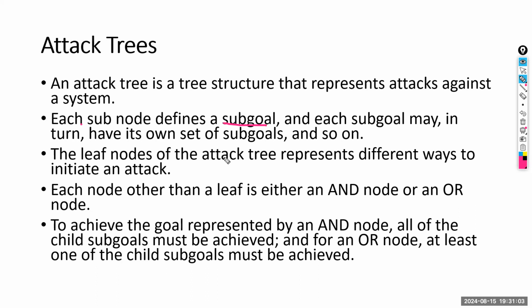Then they must come up with some method, strategy, methods, because just because someone has intention doesn't mean that the attack can be done. So mapping these levels is called attack tree, maybe for one particular attack or in general.